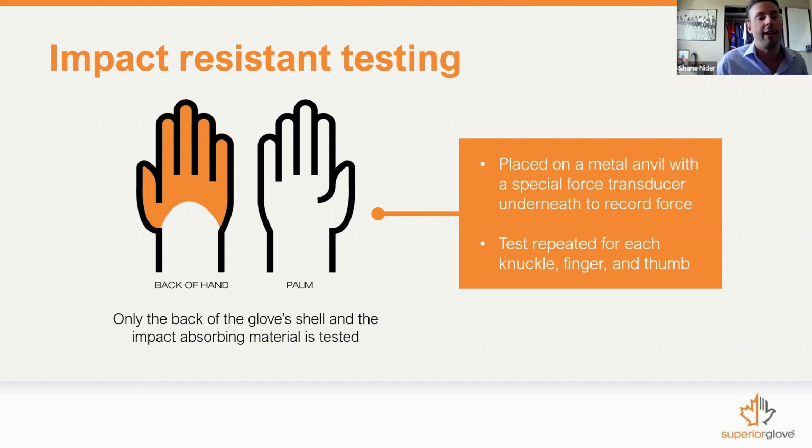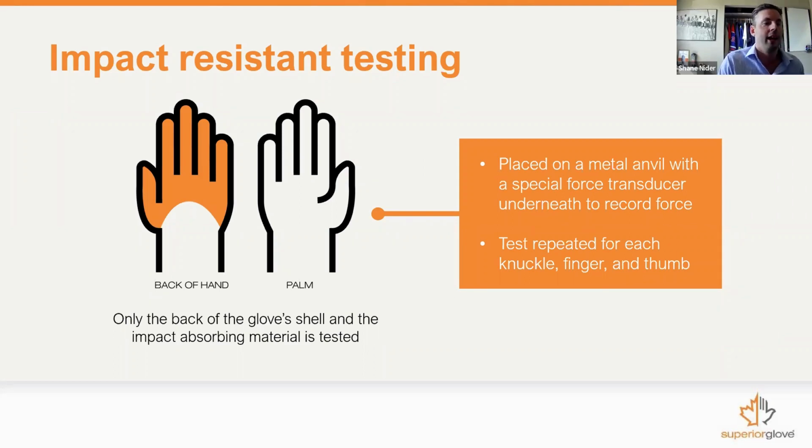And so although the standard only calls for manufacturers to test the fingers and the knuckles, again, we go above and beyond. We make sure that those impact materials, whether it's a silicone, whether it's a thermoplastic rubber or other composition, we make sure that the coverage is there and that we're orientating those materials in such a way that you're getting that practical coverage.